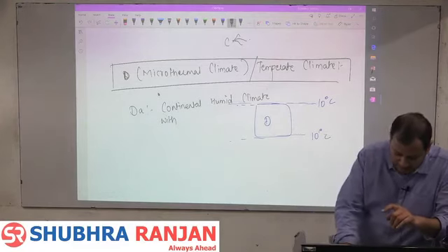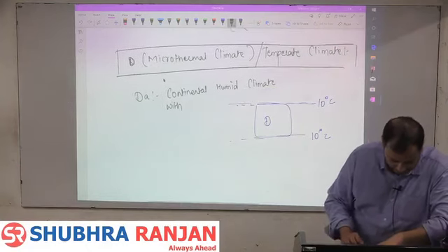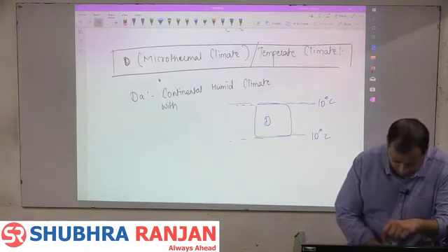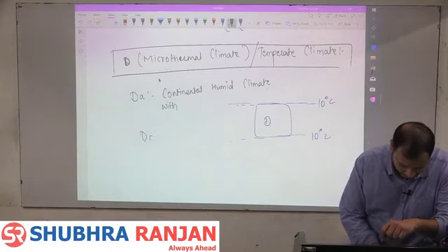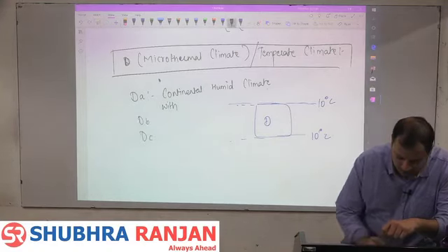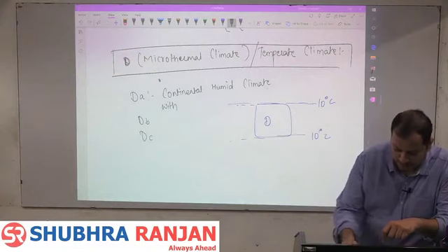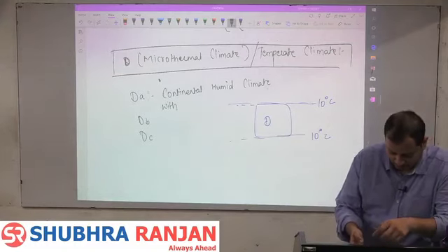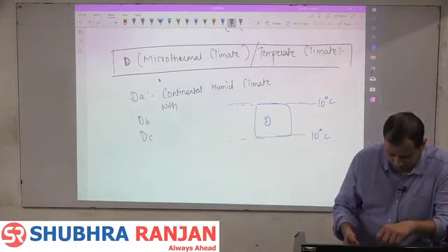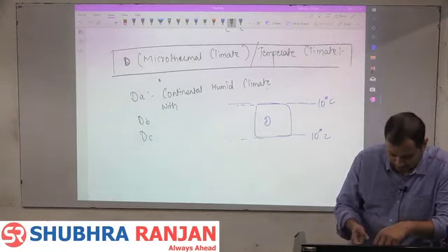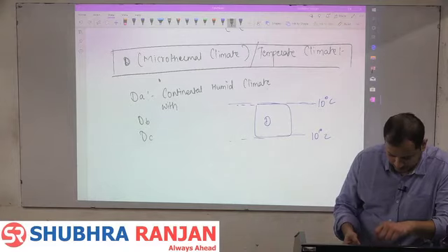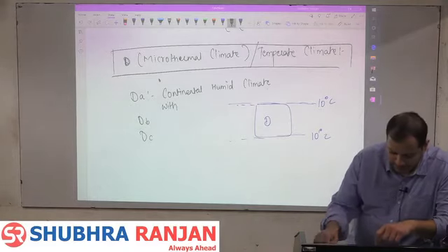DC climate, D and small c. It is the subpolar climate having very short summer season. And DD climate.